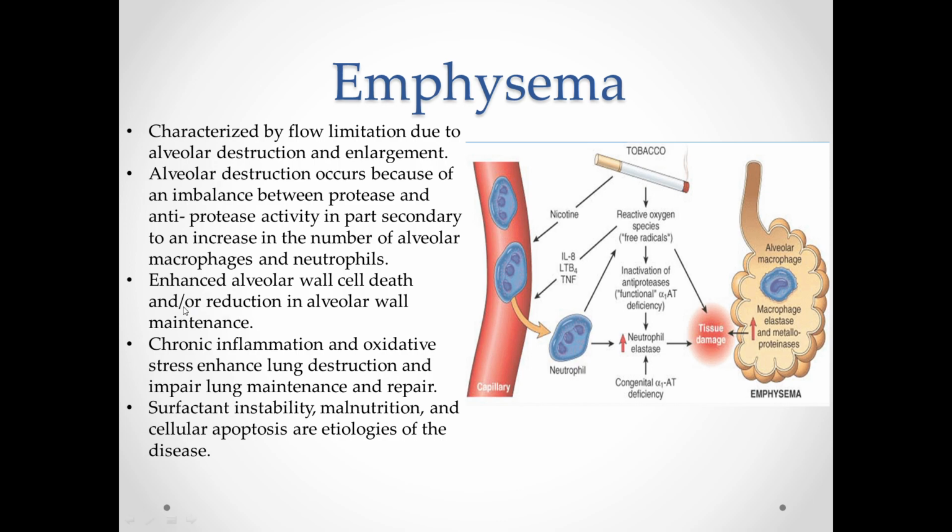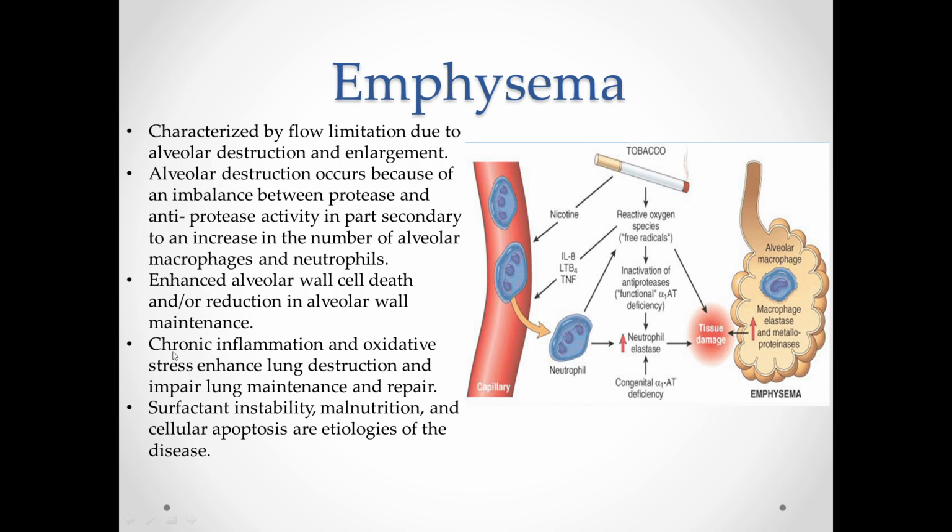So not only is there a change in the elasticity of the lung, but there's also a change in the number of alveoli, such that individual alveoli merge to make larger alveoli, which further contributes to the flow limitations that are observed in emphysema.